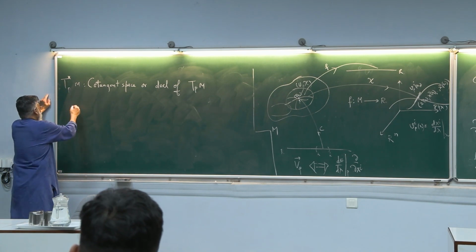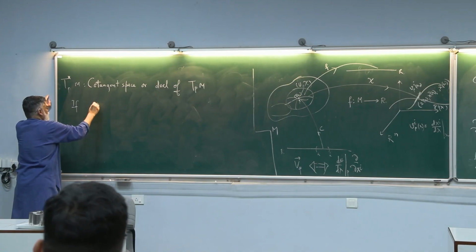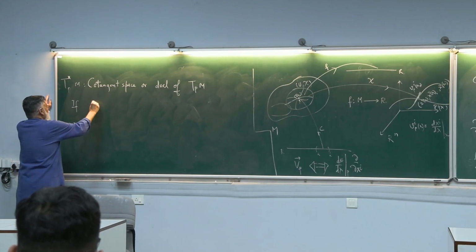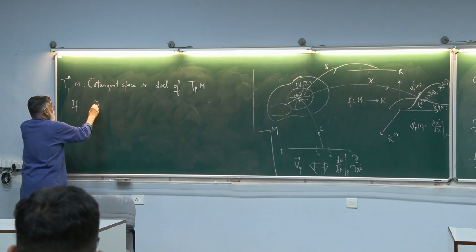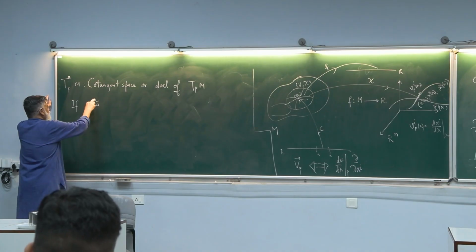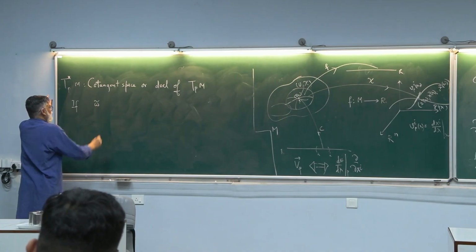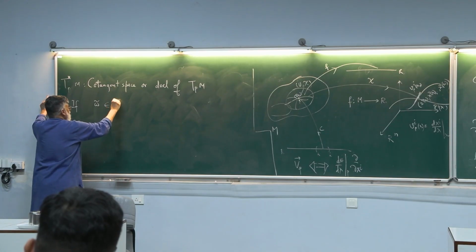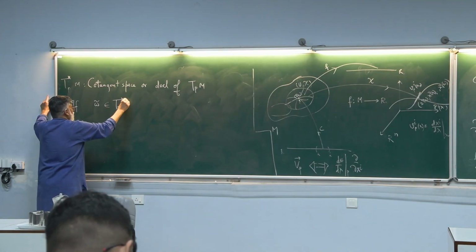So, vectors I have called with an arrow, Vp with an arrow. The elements of the cotangent space I will denote with this tilde. Okay, if this belongs to the cotangent space Tp star.